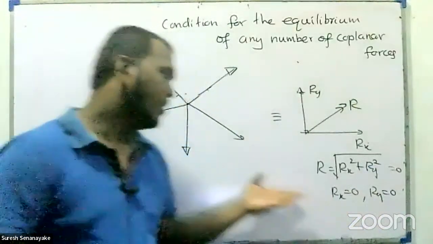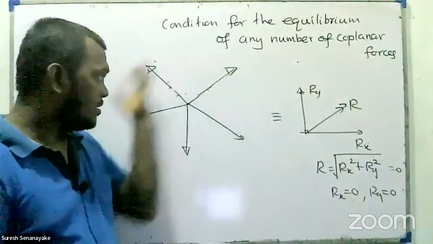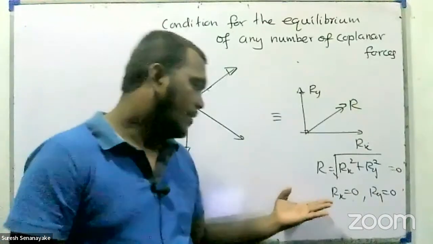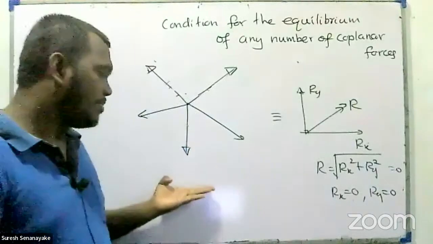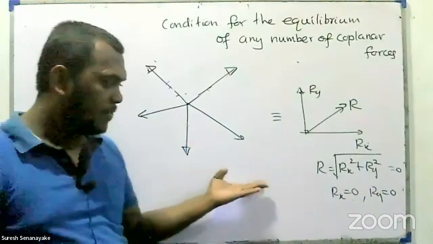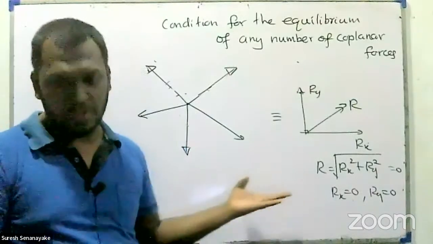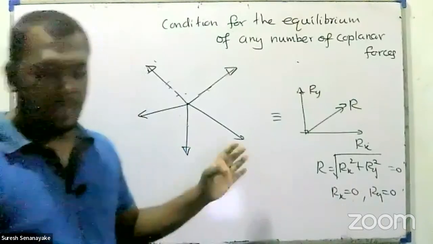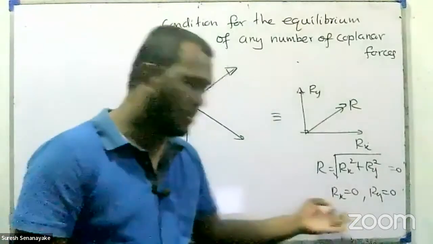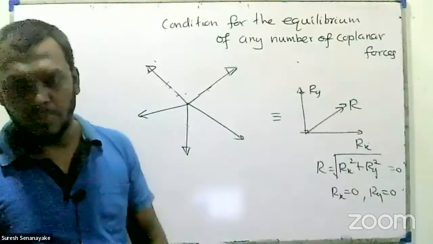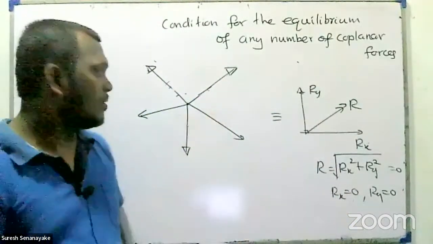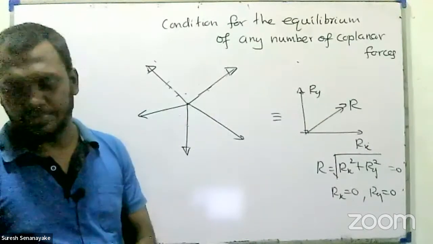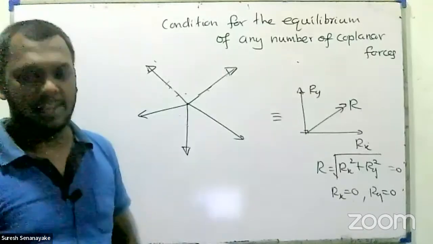So it means that if the system is in equilibrium under many forces, then the algebraic sum of the components of all the forces along the x direction, or any one direction, should be equal to 0, and also in the direction perpendicular to this. So the algebraic sum of all the components of the forces and the moment about any point equals 0. That's the condition, right?